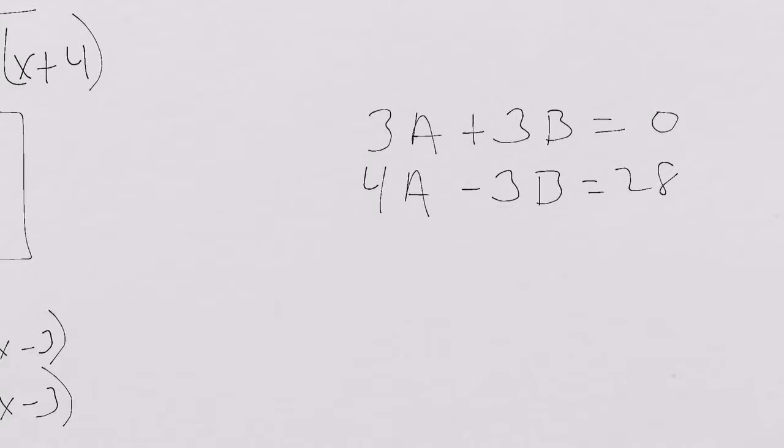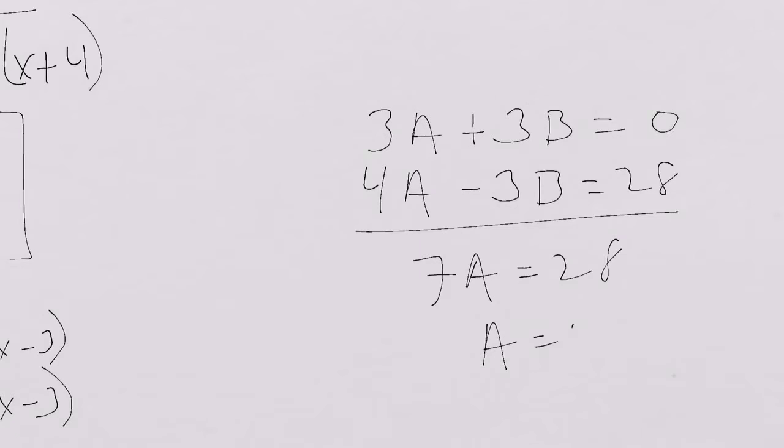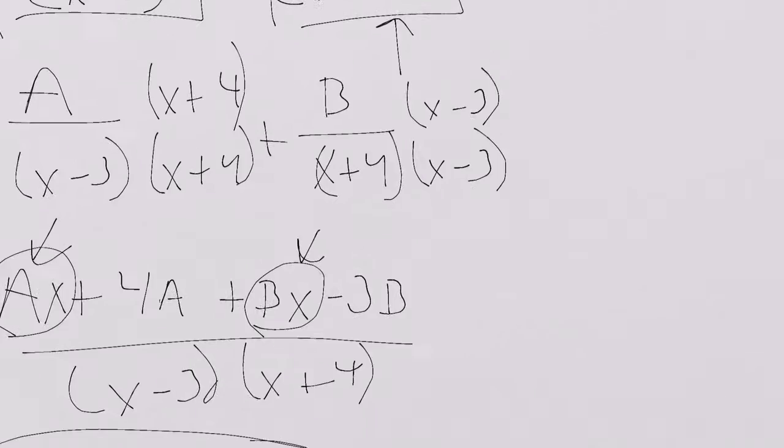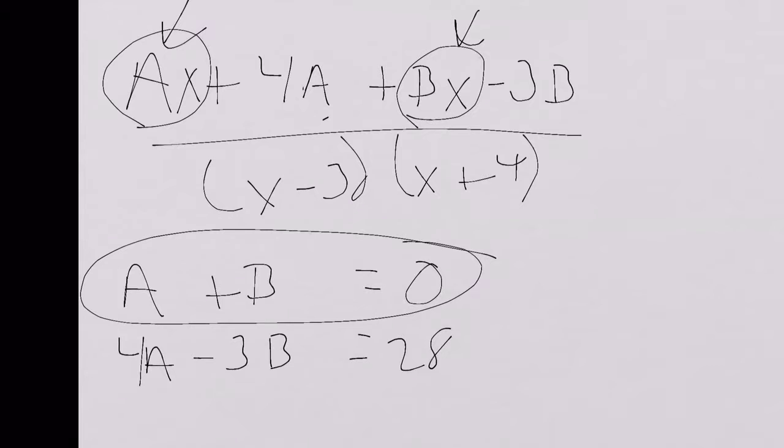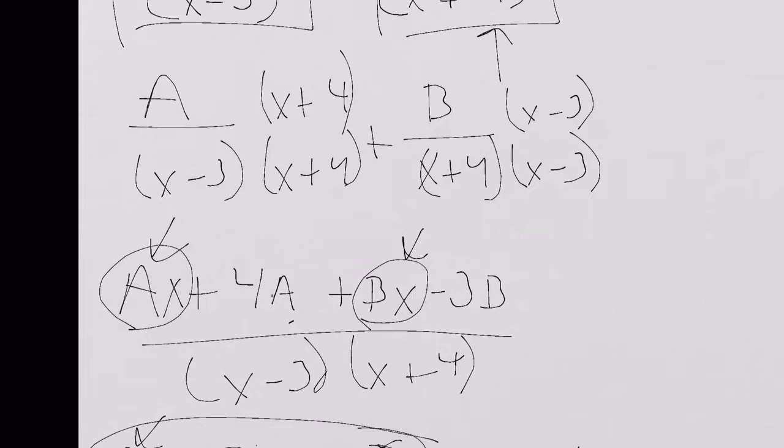So by elimination, I add up my columns and I get 7a equals 28, a equals 4 when I divide both sides by 7. If I know a is 4, I would probably just take this one right here and substitute. If a is 4, what would b have to be? Well, b would have to be negative 4, because a plus b equals 0, and I know that a was positive 4.